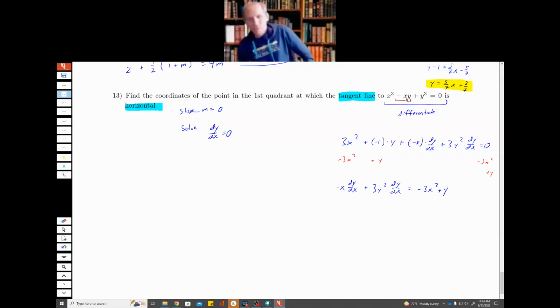Okay, so now everything on the left-hand side has dy dx in it. I'm going to factor dy dx out. I have negative x plus 3y squared left over. And then I divide to get dy dx by itself.